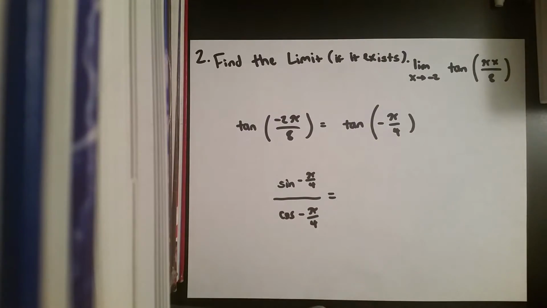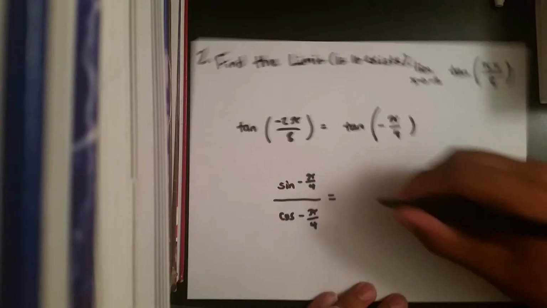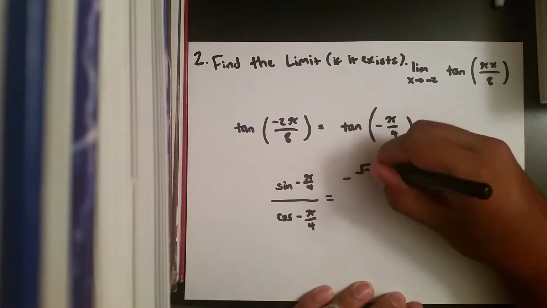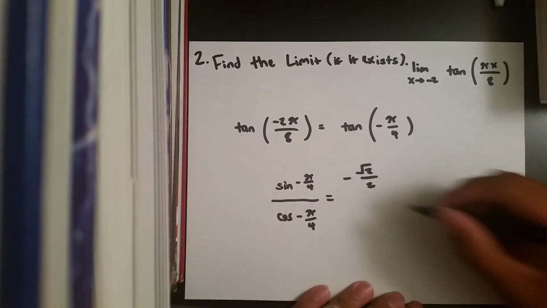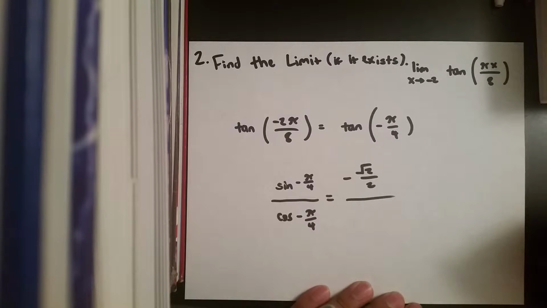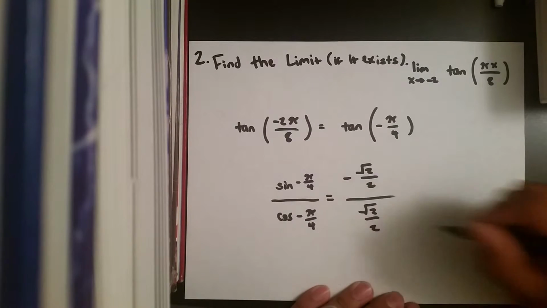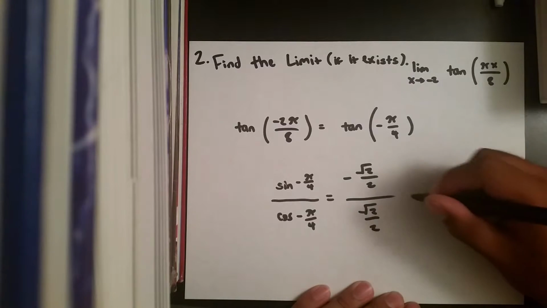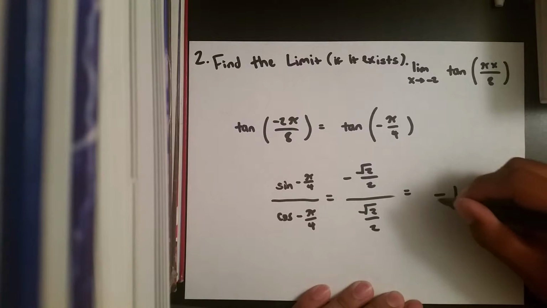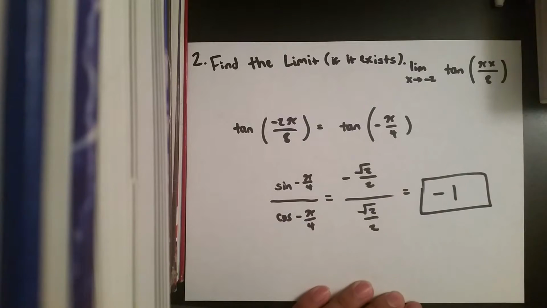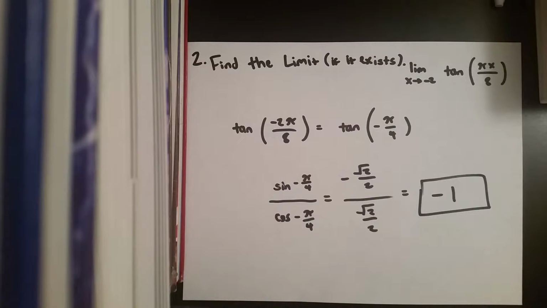And the sine of negative pi over 4 is negative root 2 over 2. And the cosine of negative pi over 4 is root 2 over 2. And this simplifies down to negative 1. And that's your answer.